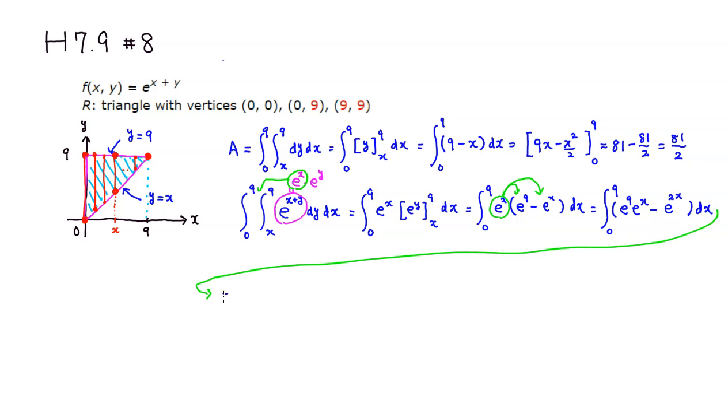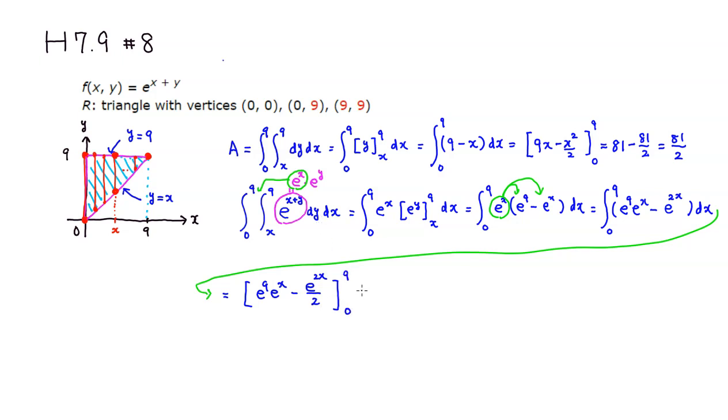The antiderivative of e to the 9 times e to the x is e to the 9 times e to the x, minus the antiderivative of e to the 2x, which is e to the 2x over 2, going from 0 to 9.